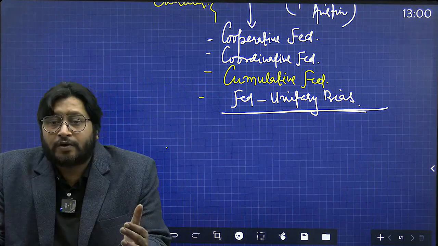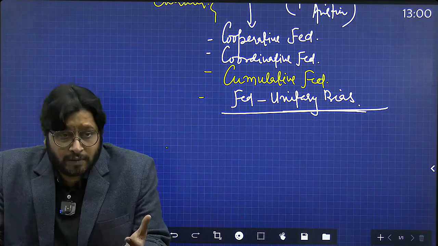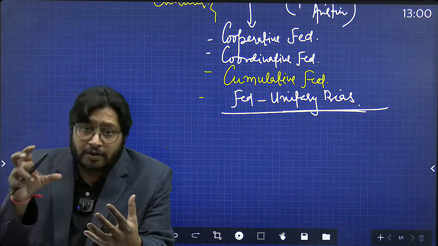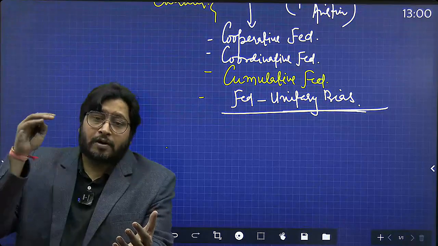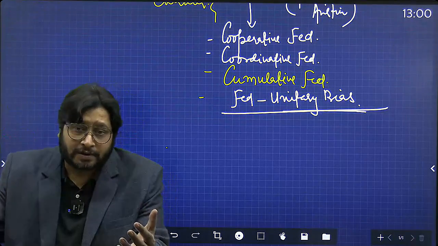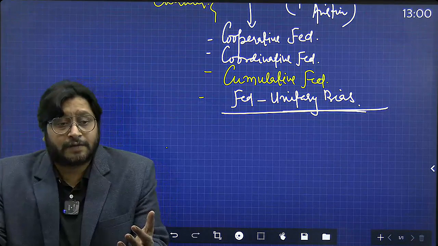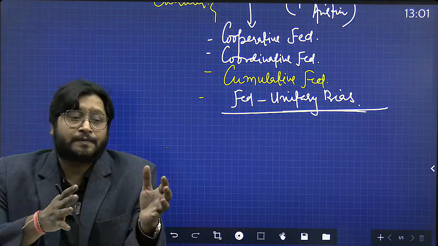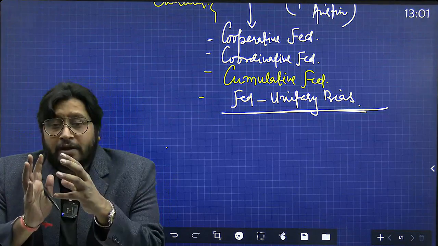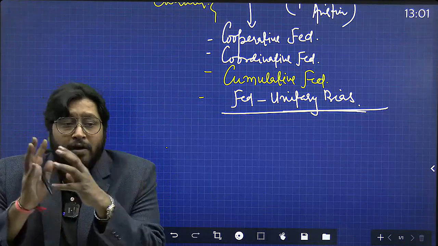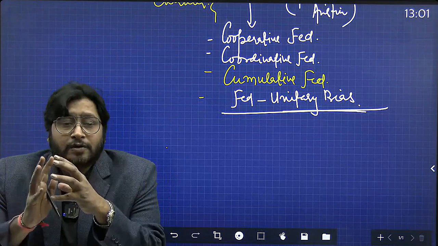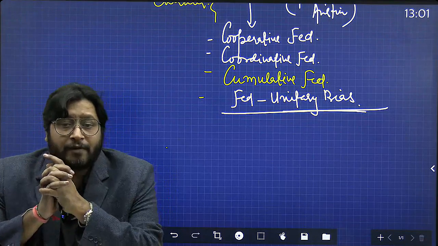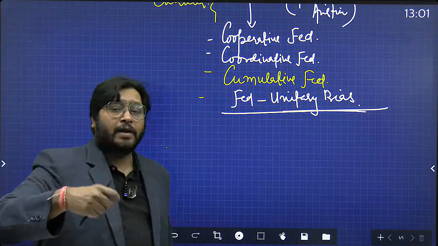When you look at list 7 or the 7th schedule, 3 lists, and then Article 1 to 4, 7th schedule, 3 lists, and certain other features or functions, emergency, 356, 352, 365, when you read all this, then you realize that, okay, fine, it is neither completely unitary nor completely federal. It is a combination of both, right? So you can say it is more amphibious or evolving in nature.